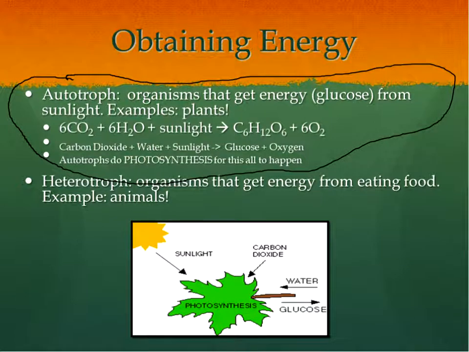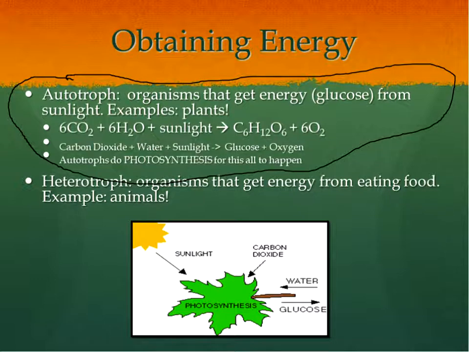Plants are autotrophs. These are organisms that get energy, which is glucose, from sunlight. These are all your plants, your algae, shrubs, grasses, flowers. These are all autotrophs. And what they do is a pretty basic reaction.